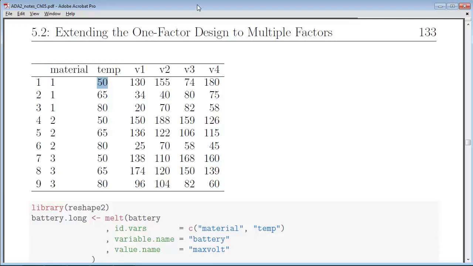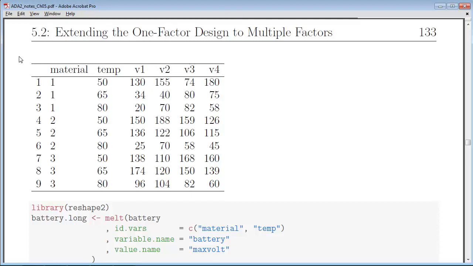And we want to understand what the relationship between materials and temperature is. It's a 3x3 factorial design because there's three material types and there are three temperatures. And for each combination of factor levels, there are 4 replicates.